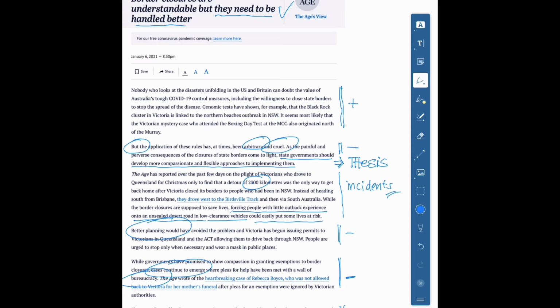So once again, the title is repeated, or I should say elaborated, in the first and the second paragraph, ending with a thesis in the second paragraph. The body will start with the negative incidents, to give examples of what really happens when the state governments close the borders.